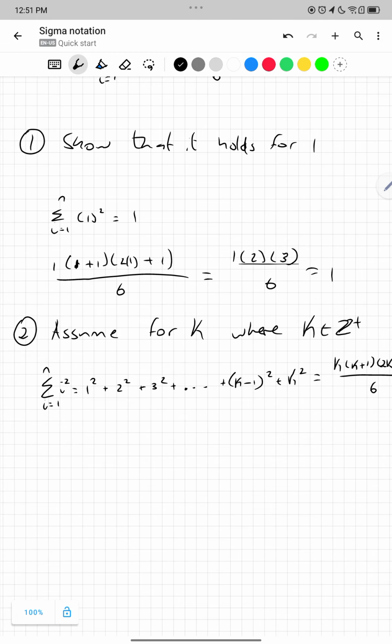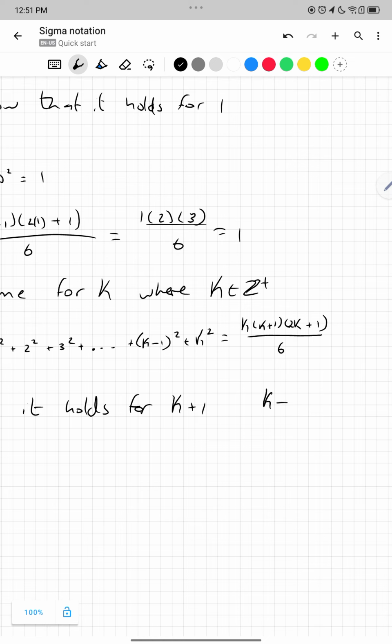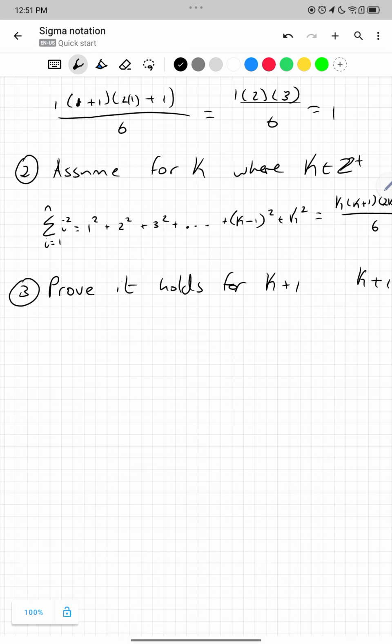Now prove that it holds for k plus 1, the term after k, where k plus 1 is an element of positive integers. So let's prove that it holds for k plus 1.